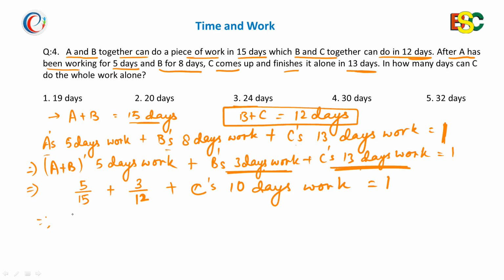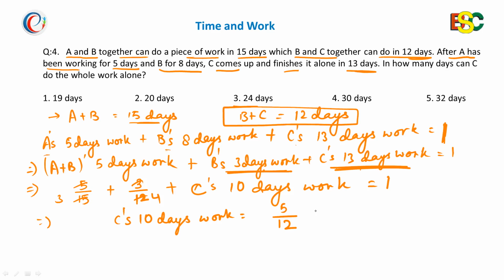Or you can say that C's 10 days work is equal to 1 minus, this is 1 over 3, this is 1 over 4. 1 by 3 plus 1 by 4 is 7 by 12. 1 minus 7 by 12 is 5 by 12. Right? So C's 10 days work is 5 by 12.